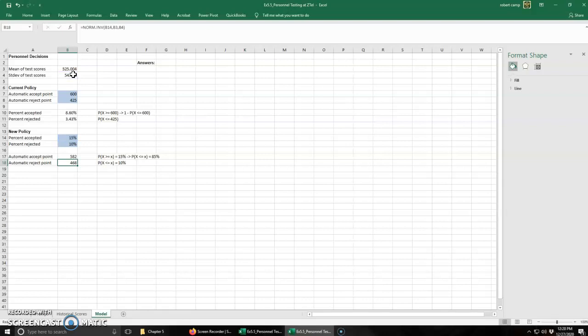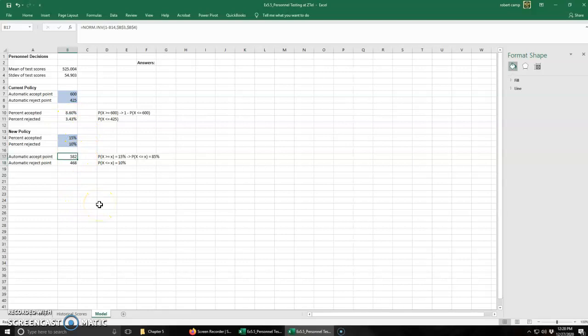And so that tells us that if we set our automatic reject point to 486, 10% of all the applicants should be filtered out based on our historical data. So we're going to up our automatic reject point a little bit. We'll go from 3.4% rejection to 10.